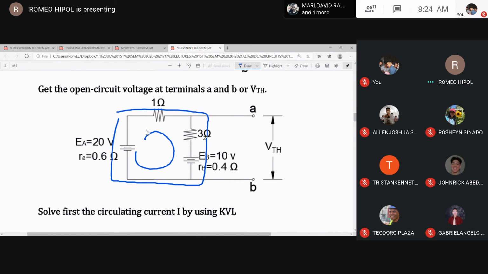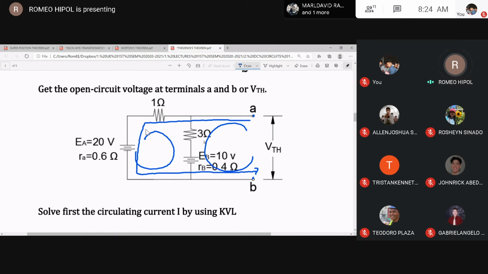Kasi mapapansin natin, itong portion na to, hindi ba may loop tayo rito? It's considered as open loop kasi yung terminal A and B are not connected. Same with yung kaninang loop na ginamit natin kasi we have to consider the loop.